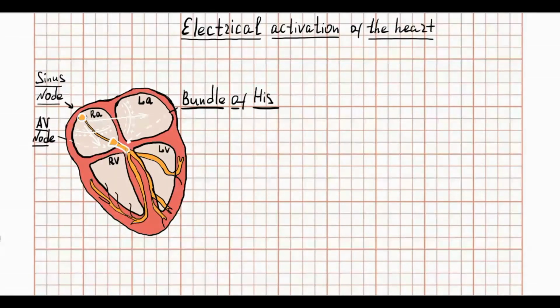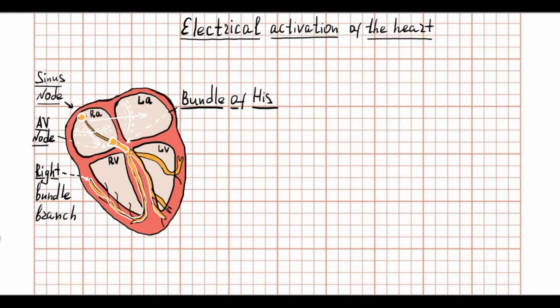The bundle of His then divides into two main branches: the right bundle branch, which distributes the stimulus to the right ventricle, and the left bundle branch, which distributes the stimulus to the left ventricle. The left bundle branch has two major subdivisions called fascicles.